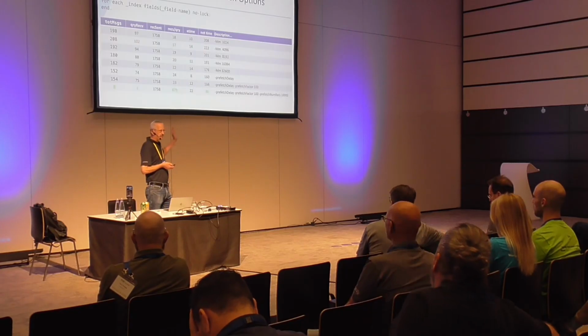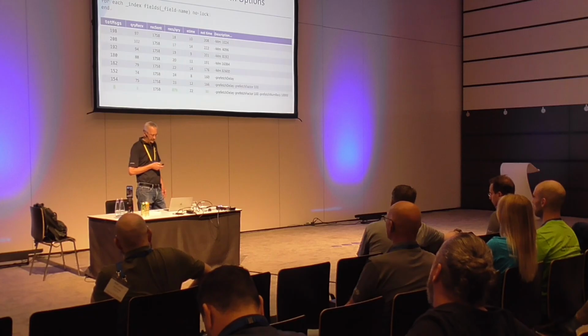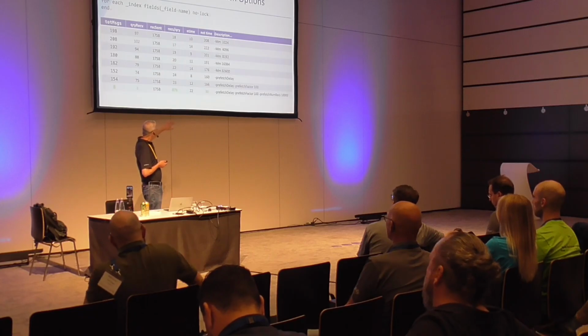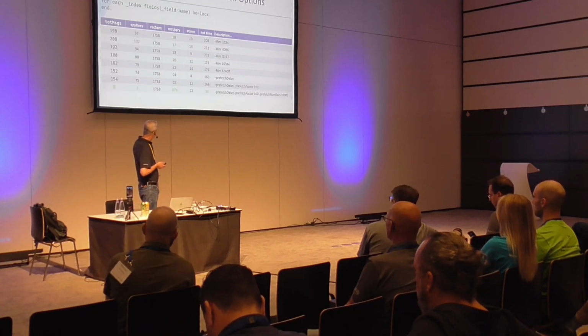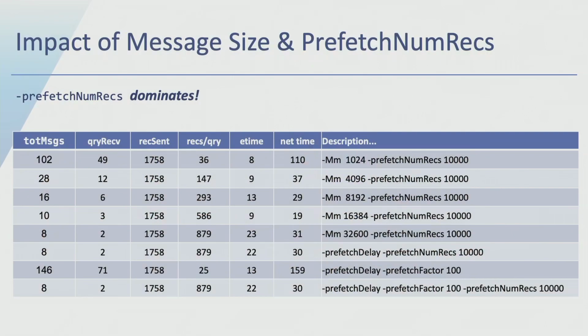But this is just checking parameters. We're not checking any actual coding techniques here. We're just checking the various parameters. So we get this really good result with prefetch numrex 10,000. So then I tried that, plugged it back into the matrix to see whether or not combining it with any of the other things had any significant impact, and it brought them all down, or almost all of them down.